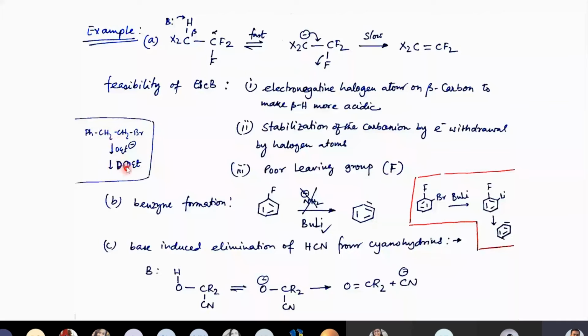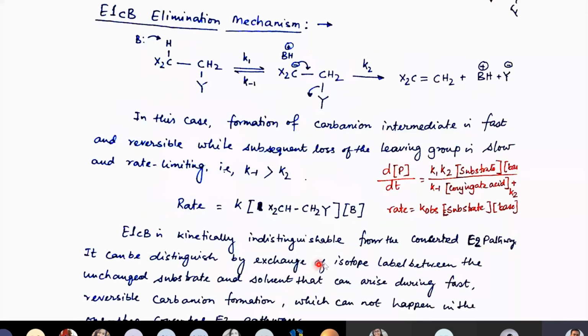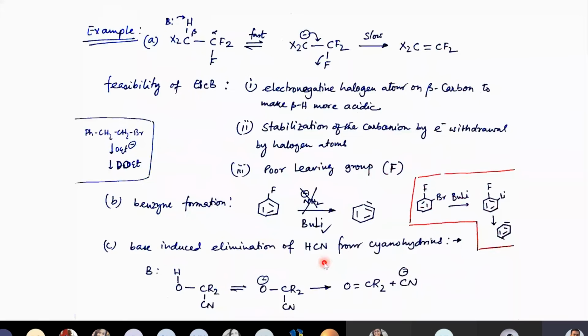But after the deuterium experiment that I mentioned, the isotope exchange experiment, it has been observed that if this reaction is done in EtOH or OH minus, and then you use the deuterium label, that is EtOD, you will see that deuterium labeling here is not present.